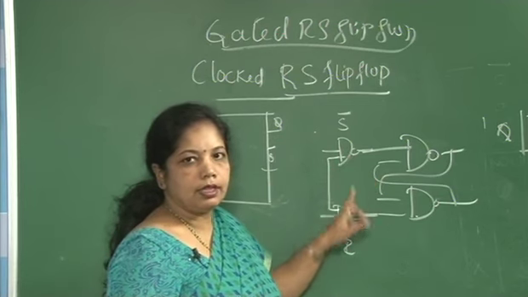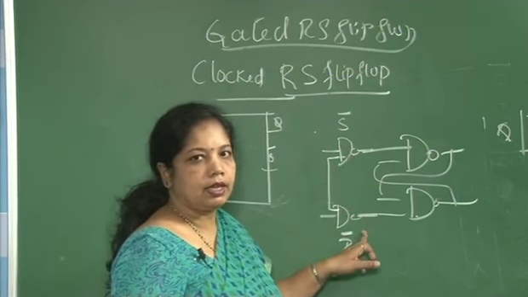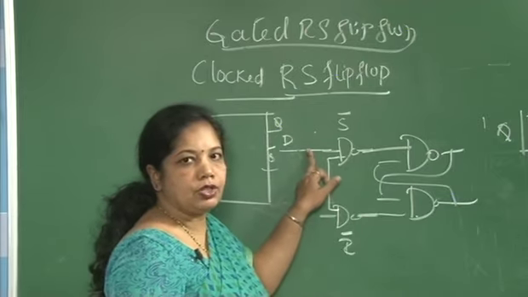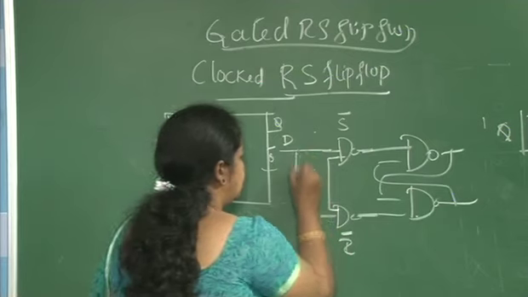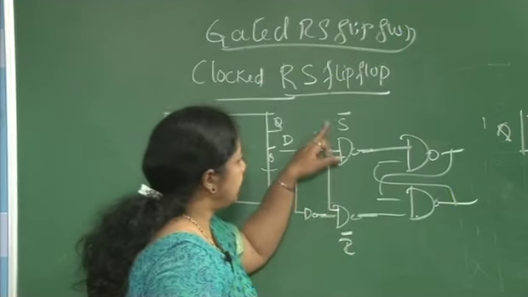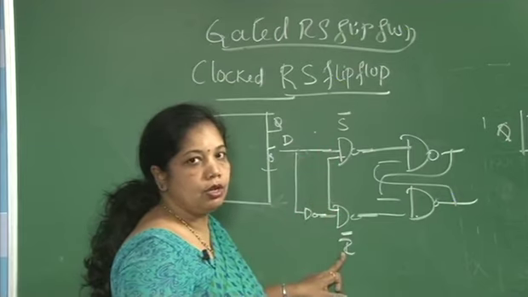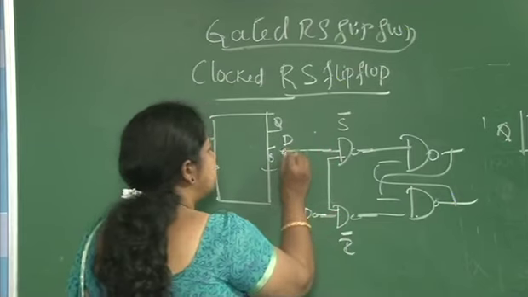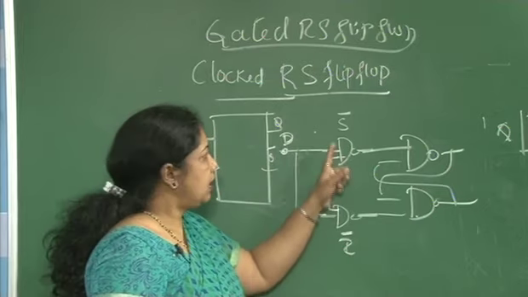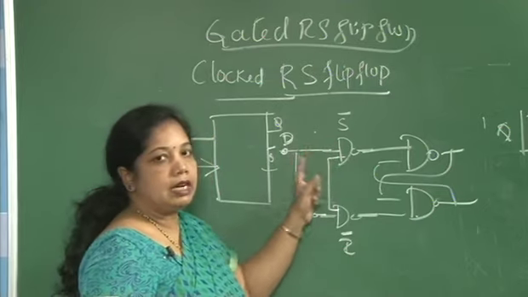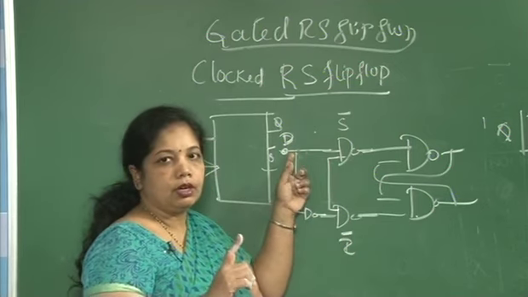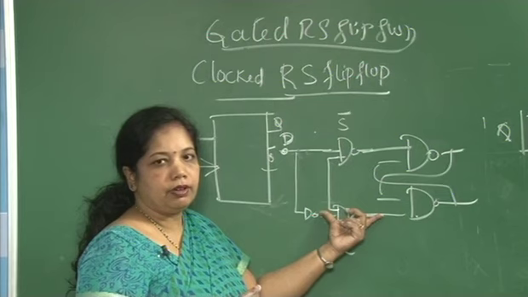This is S input, this is R input. If I short these two signals through NOT gate, I am connecting S input and R input through NOT gate and giving as a single input, that is called D. Whenever I connect these two S and R and treat this as a single input, then this becomes D flip flop.